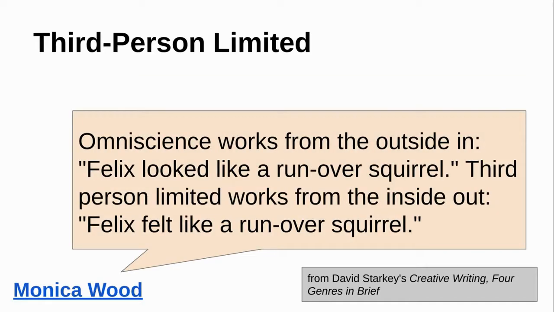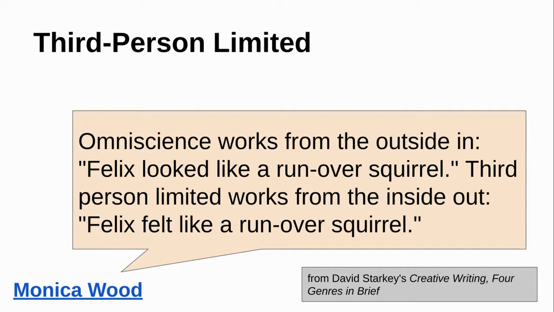There are 2 types of third person point of view. There is the third person limited, and there is the third person omniscient. Okay. Monica Wood says that the difference is the distance, or it works from outside in to inside out.